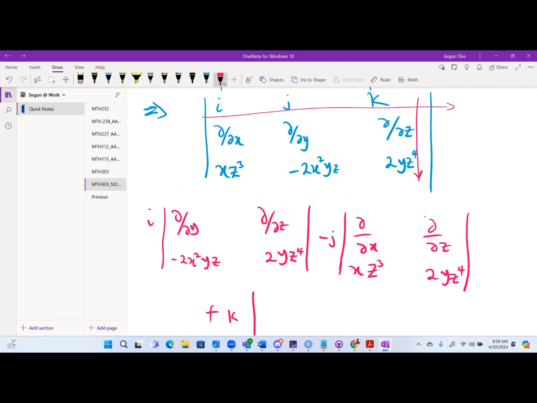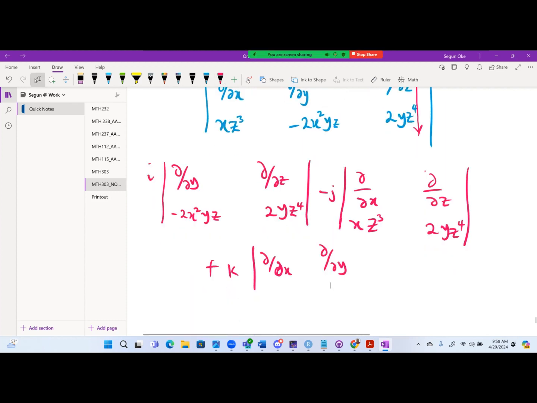It's remaining d/dx, d/dy, xz cubed, minus 2x squared yz.